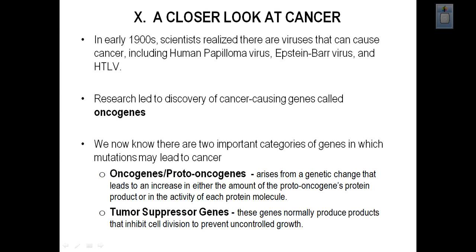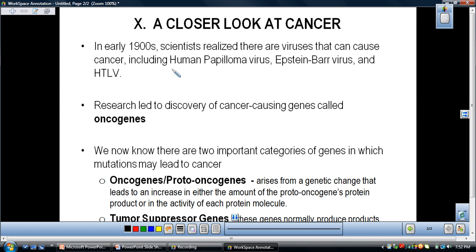However, it's also likely that many cancer-causing mutations result from environmental influences, maybe chemical carcinogens, X-rays, high-energy radiation, and then also some viruses, which you see listed here on the PowerPoint. You can see a few viruses that are listed.